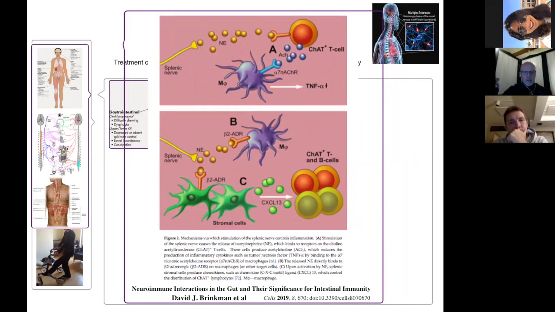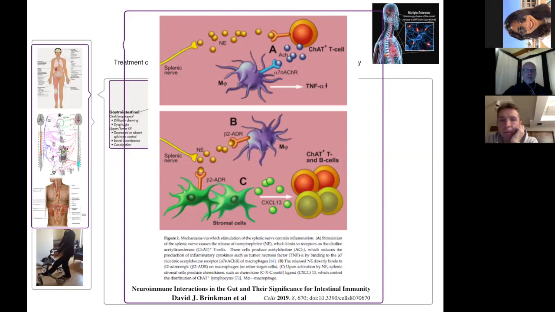Stimulation of the splenic nerve causes the release of norepinephrine, which binds with receptors on the choline acetyltransferase-expressing T cells. These cells produce acetylcholine, which reduces the production of inflammatory cytokines such as tumor necrosis factor, etc. So this is the mechanism that's going on behind the functionality of splenic nerve stimulation.